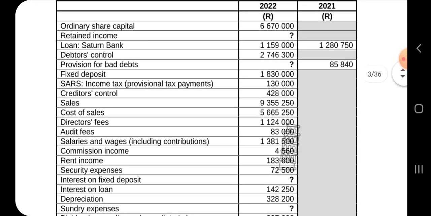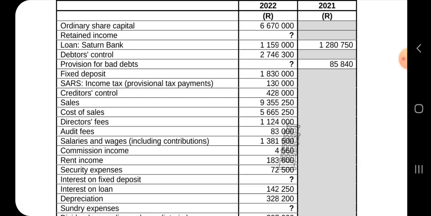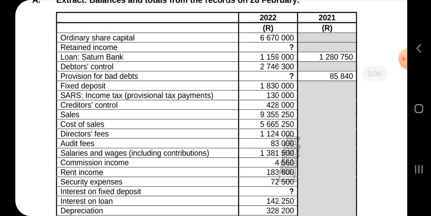Loan for this year is 1,159,000. The balance at the beginning, which is for last year, was 1,280,750. So you're going to take the 1,280,750 minus the 1,159,000, which will give us 121,750.